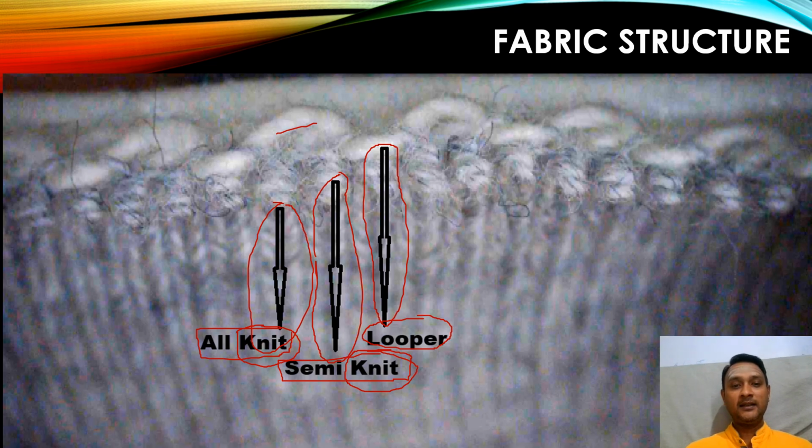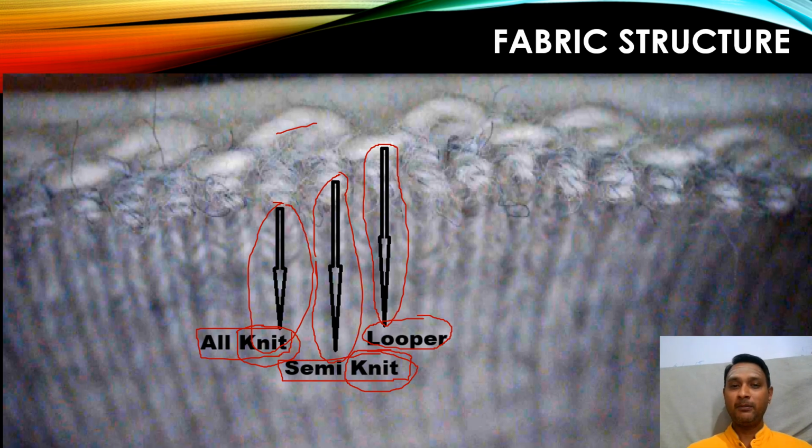While unraveling the yarns, we need to concentrate more on the looper side to understand whether it is a cross looper or normal looper. Whoever has watched the two-thread French terry analysis, the same concept is applicable here. The semi knit is an independent yarn, where the looper is not held by the semi knit.